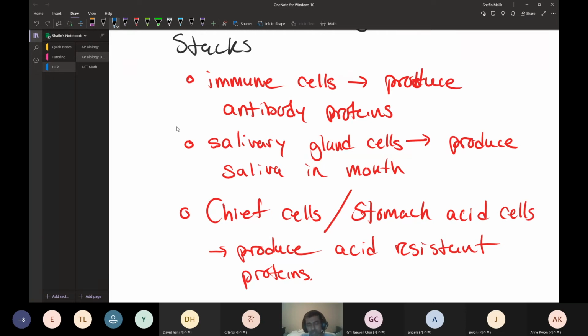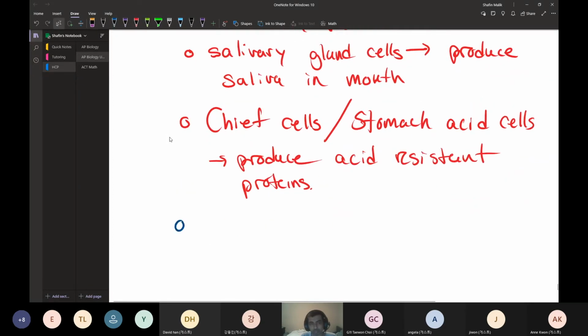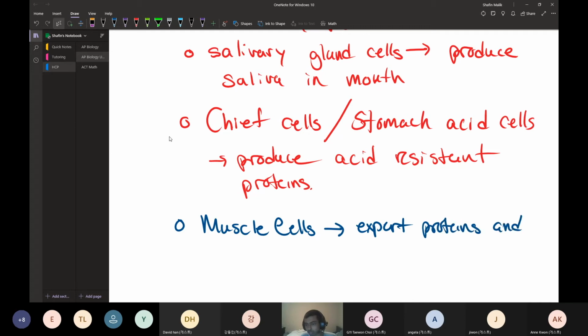Another example would be muscle cells, which export proteins and other molecules when exhausted.